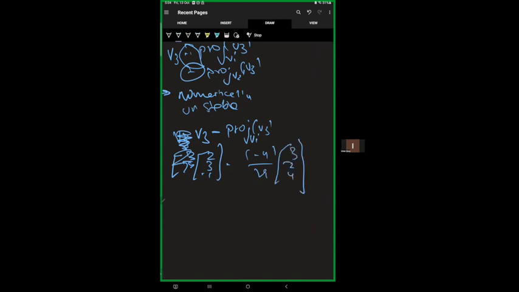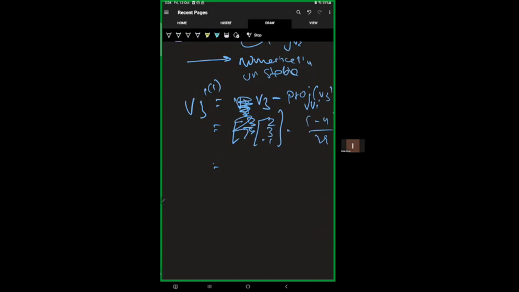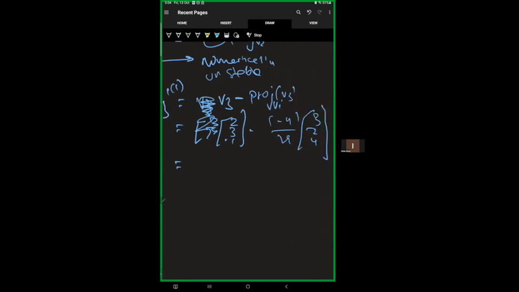From here we get V3 dash at the first iteration as 2 plus 58 plus 12, that is 70 by 29. This is 3 plus 3 minus 8, 29 into 3 is 70 again.